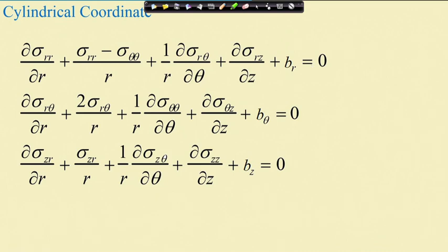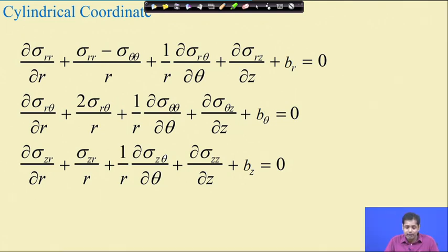So, this equation is the equilibrium equation written in cylindrical coordinate system. If you are in polar coordinate system, then the z axis vanishes, and we will have just two equations, one in the r and one in the theta direction, and all the terms associated with z vanish. Similarly, you can write the equilibrium expression in spherical coordinate system.